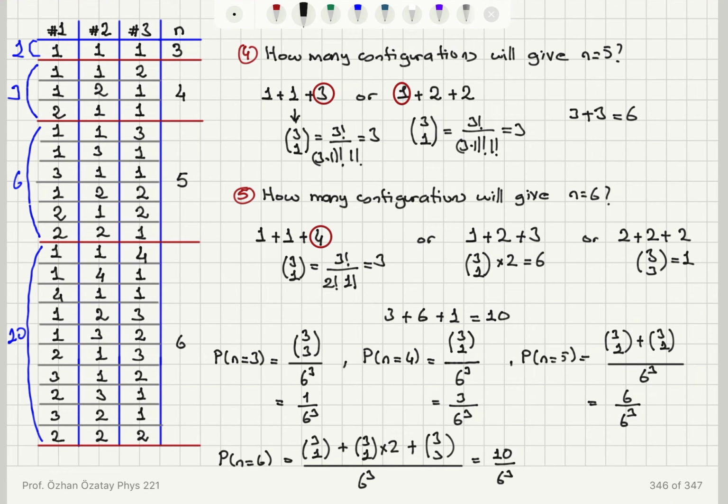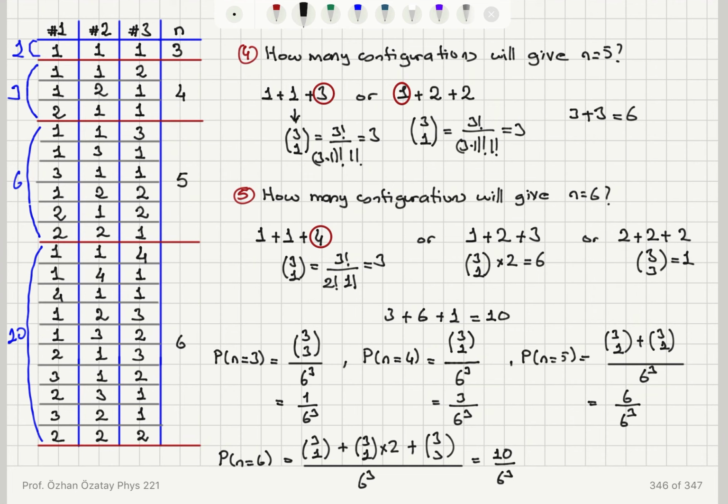How many configurations give n equals 5? 1, 1, 3, or 1, 2, 2. So for the 1 plus 1 plus 3 scenario, 3 can be assigned to the first, second, or third die. So we choose 1 out of 3 dice to assign to it 3, while the other 2 are 1, so that gives us 3.